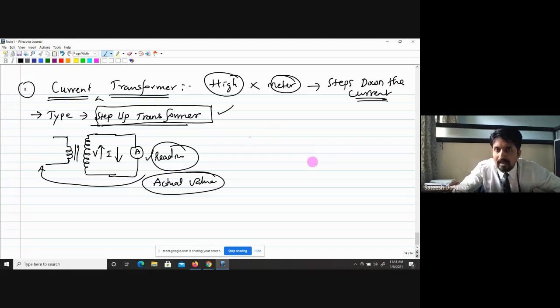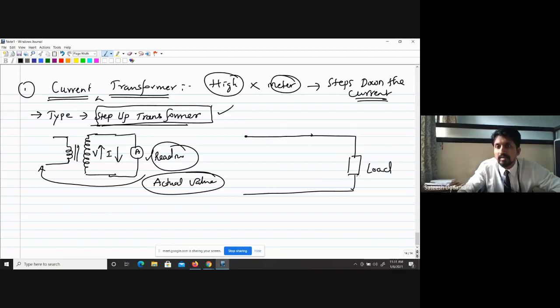For example, I will show you. This is the line, a very high voltage line, and high current is flowing here. This is the load, and here is the applied voltage. Now I want to measure the current flowing in this circuit, and this current is in terms of hundreds of amperes or even kilo amperes. Then how do we connect? The connection is very simple.